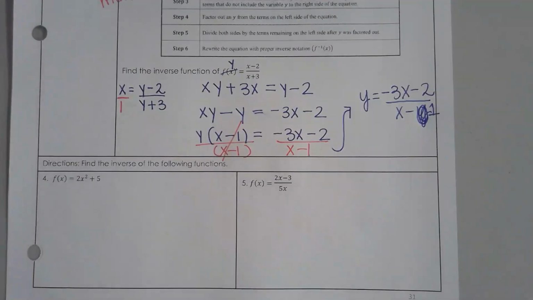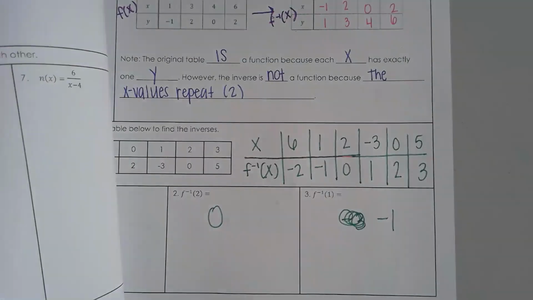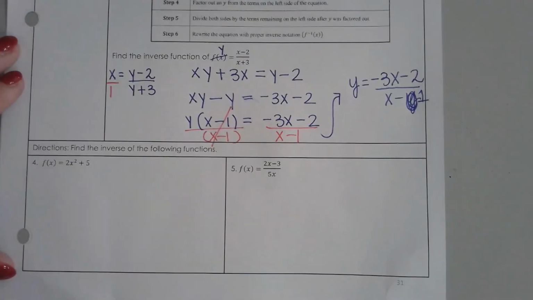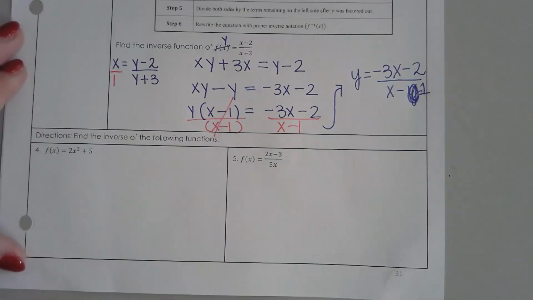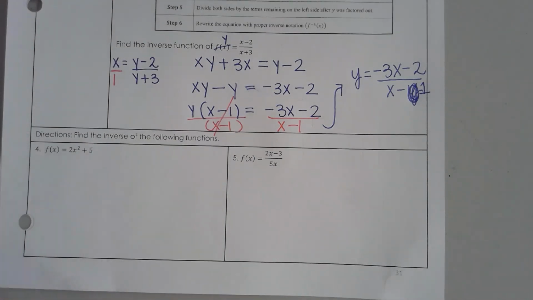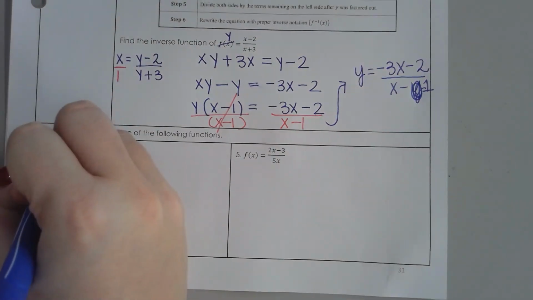Okay. So now we're actually going to get into some examples. I'm just going to do 2. So number 4, that's not multiple x's, so it's the easier one of the two. So this is the same thing as y equals.